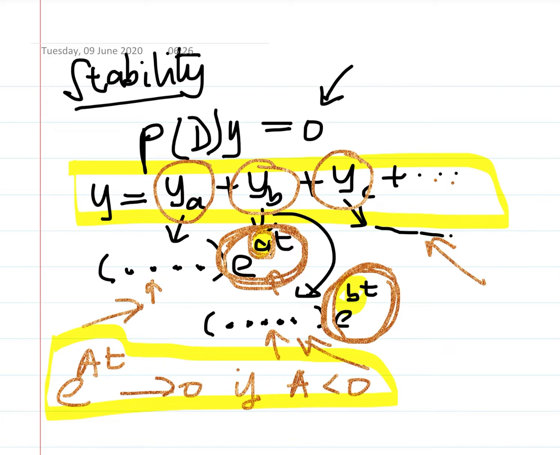Right. So, where do these little exponents come from? The little a, for example, there, the little b that comes there, the little c that would appear in the next solution, the coefficient of t in the exponential part, where does it come from?